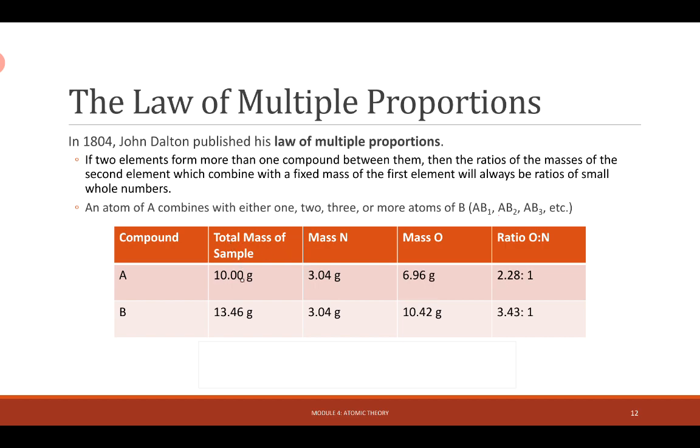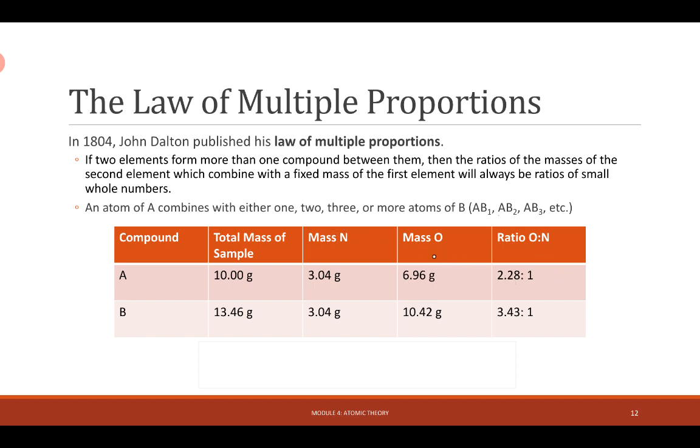So for instance, if you had 10 grams of a substance, like on the previous slide, you find out that 3.04 grams is due to nitrogen and 6.96 grams is due to oxygen. Then you can find out that its mass ratio is 2.28 to 1, the same as on the previous page.